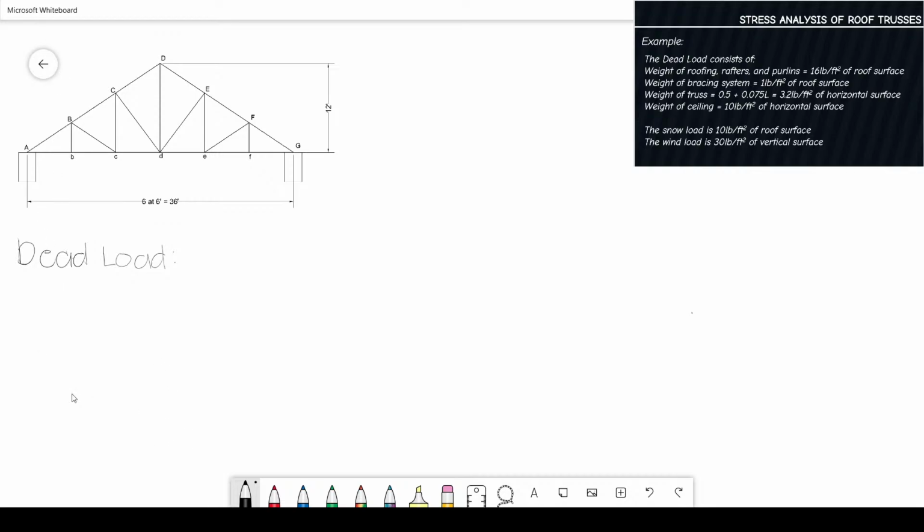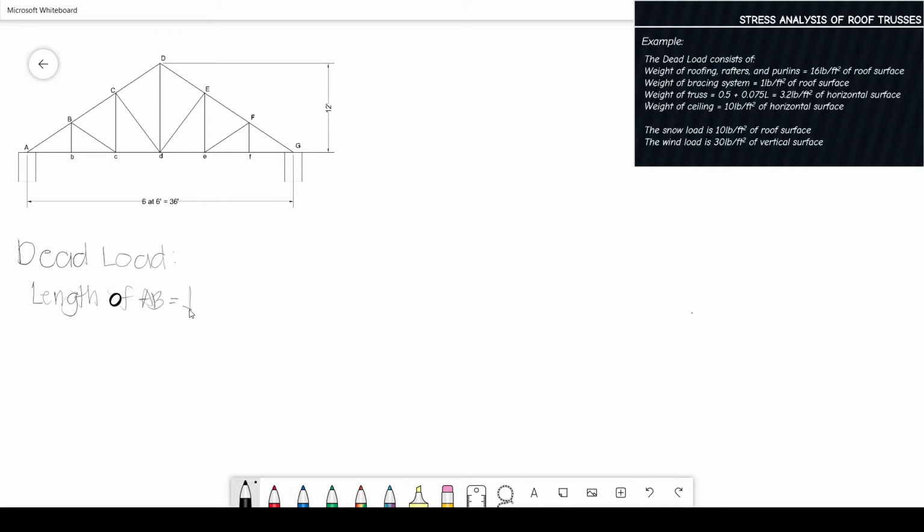So, for dead load, so let's find first the length. Kaano kailangan natin ang aton length AB? Because may ada kita mga given na roof length. So, natin roof length is ini nga AB. Length of AB.